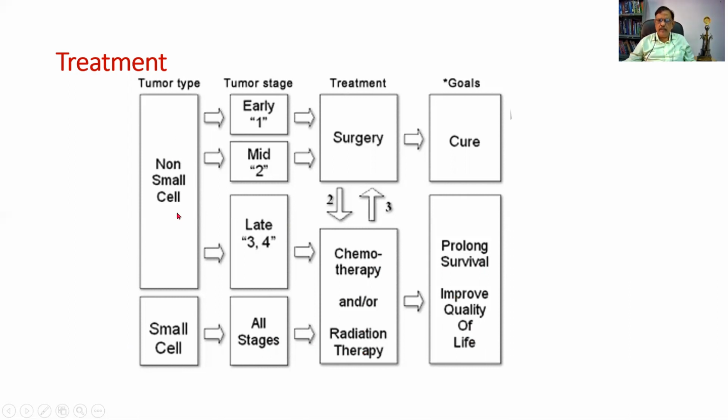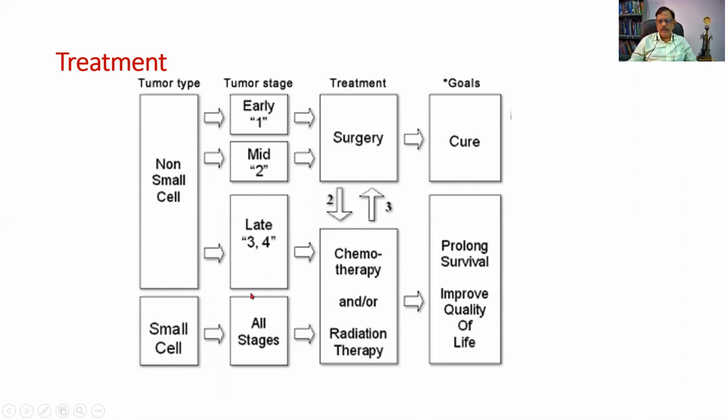And look at this non-small cell carcinoma. In the early stages, you can do a surgery which can be curative. We can do what is called a pneumonectomy. A whole lung can be removed, or a lobectomy, part of a lung can be removed. In the later stages, you can do chemotherapy and radiotherapy to prolong the survival and the quality of life.